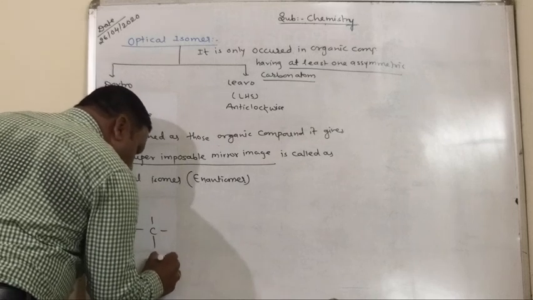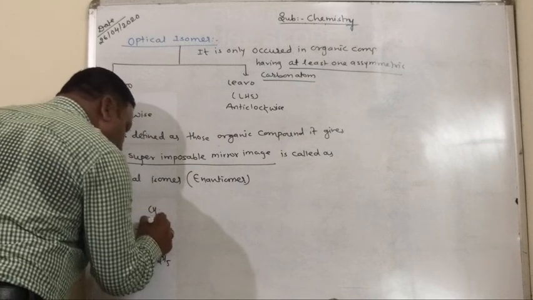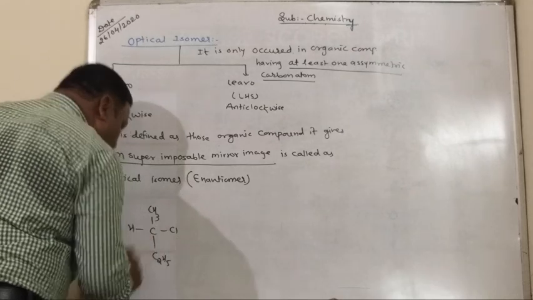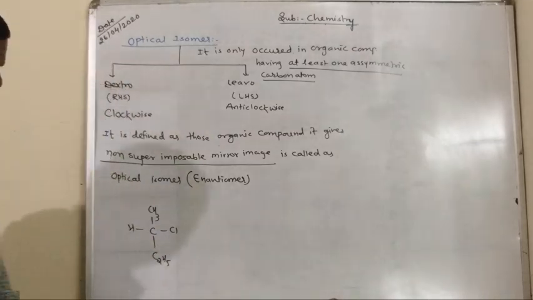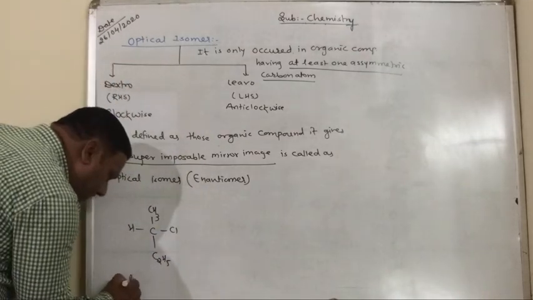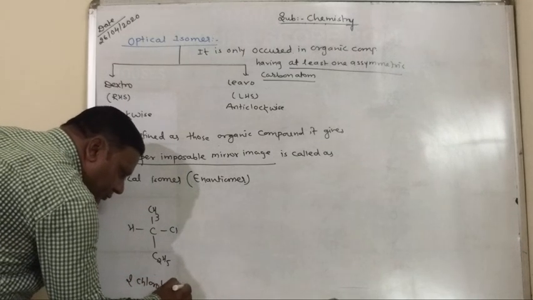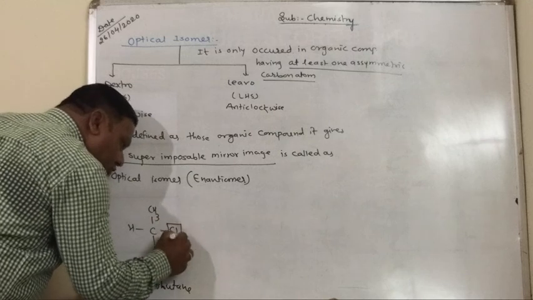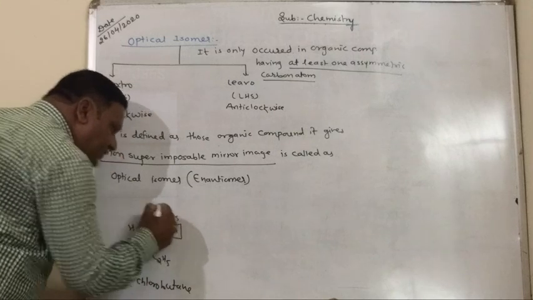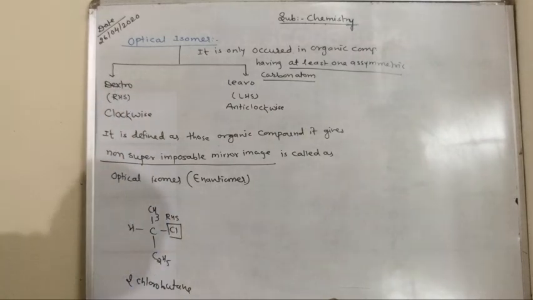So just for example, now this 2-chlorobutane. Listen. Here, important is the functional group. And now this functional group is placed at which side? Right hand side.